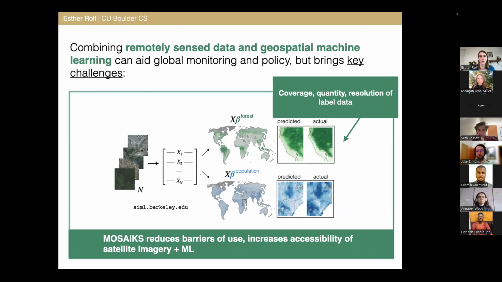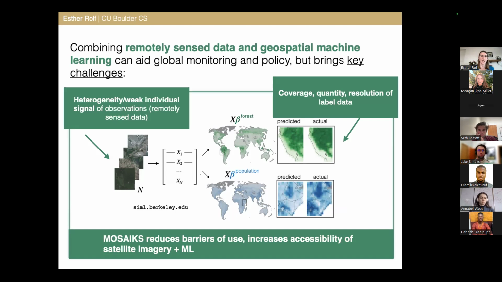But we also struggle with the amount and quality of labeled data that is available to train these methods. And as much as we have large corpuses of satellite imagery and other geographic data, often those are going to be imperfect views of the world. If you think about just the satellite imagery we've been looking at so far, it tells us a lot about a place, but it doesn't tell us everything. So in some sense, that's a weak signal, to use the terminology from machine learning.